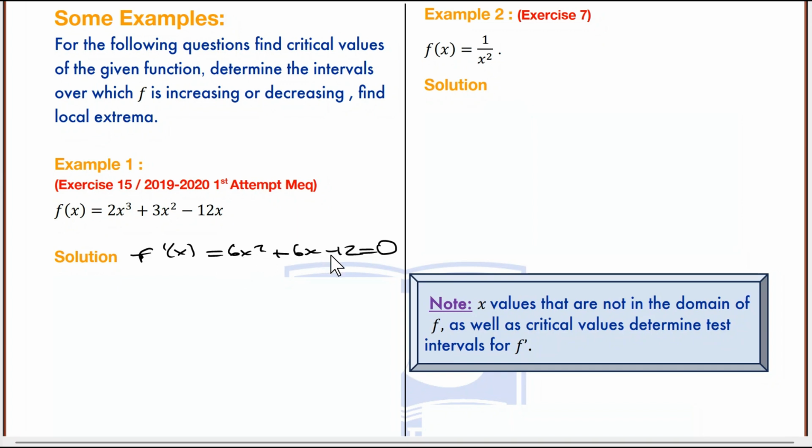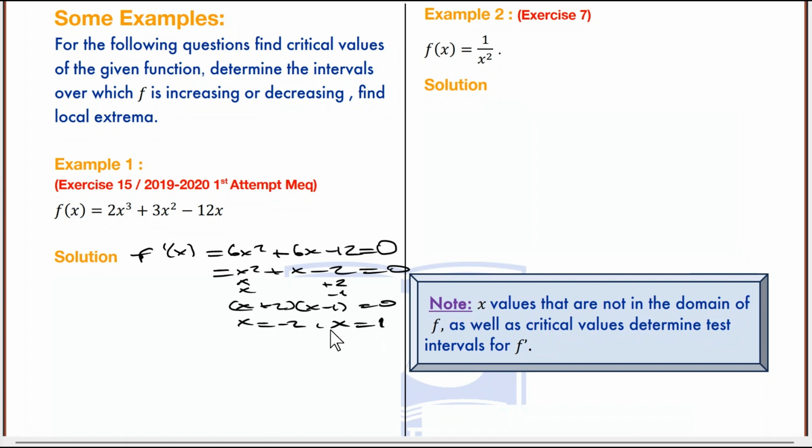We can take 6 out as a common factor or divide everything by 6. So we will have x squared plus x minus 2 equals 0. When you factorize it, you'll see it is x plus 2 times x minus 1 equals 0. So x is equal to minus 2 and x is equal to 1.